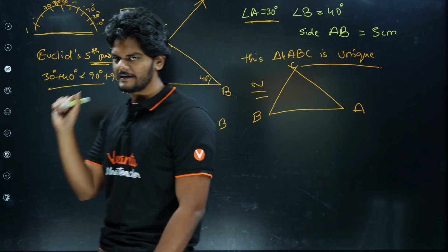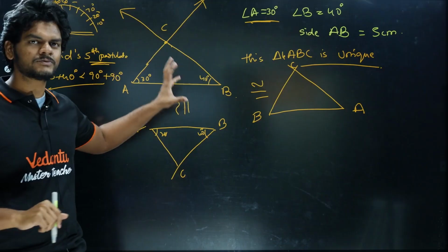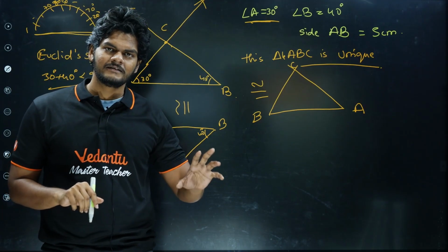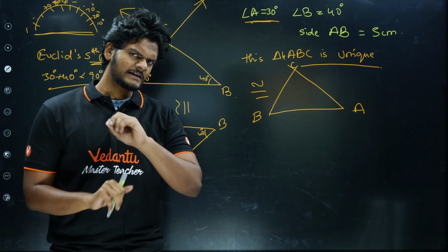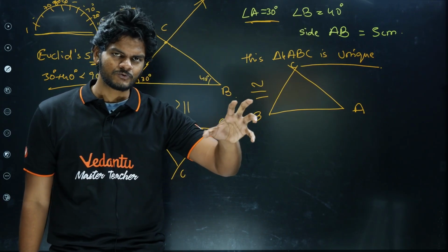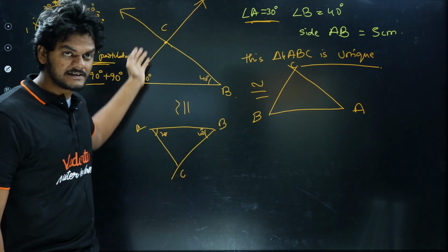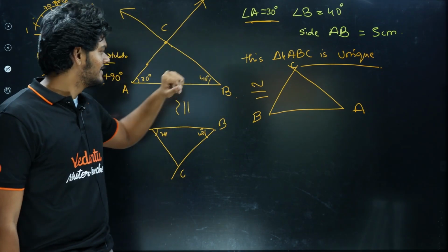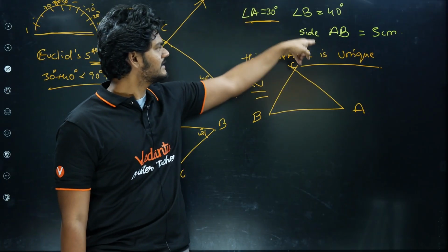So all these three variants are congruent. So they are invariant. Irrespective of rotation, reflection, any kind of transformation you do to the positioning of the vertices, by the way, these are called vertices, this is always unique.